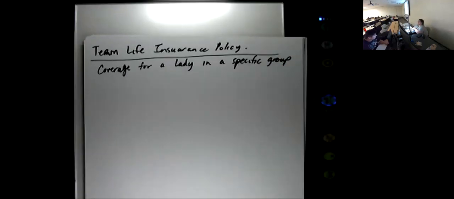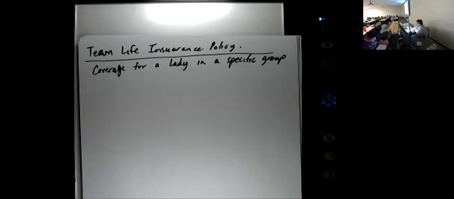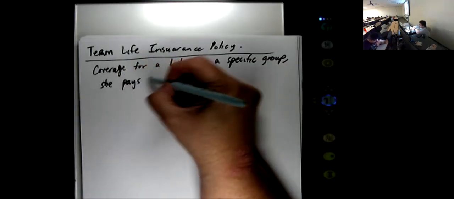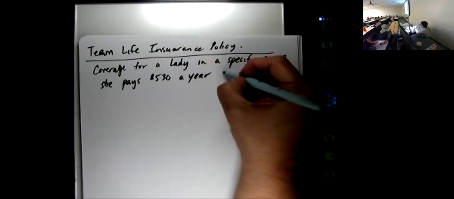They have all sorts of custom markers on how this works: how old you are, whether you smoke, all sorts of things. So whatever her group is, she pays $530 a year for $250,000 in coverage.